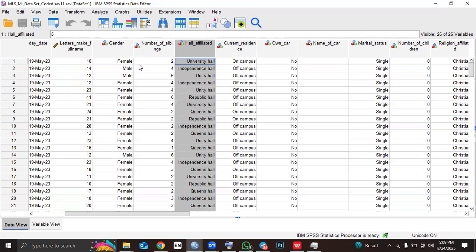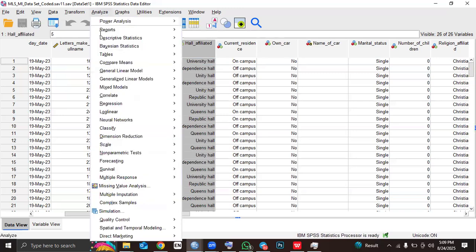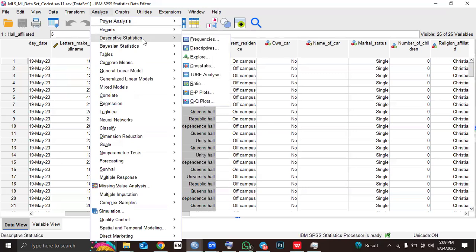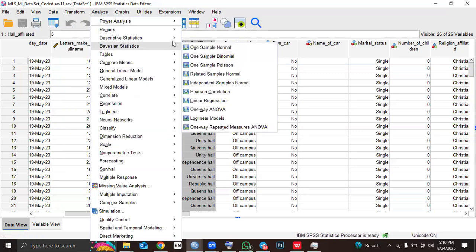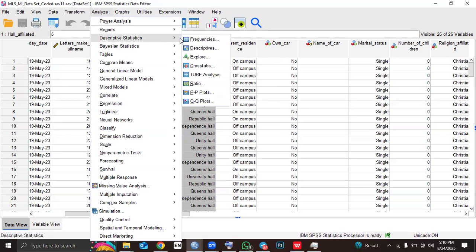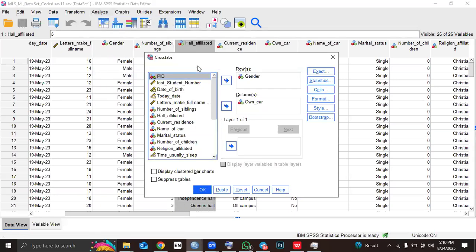So in order to do that, we come to Analyze. From Analyze, we move to Descriptive Statistics. From Descriptive Statistics, we go to Crosstabs. And then once we are at Crosstabs, we click it and our pop-up window will appear.